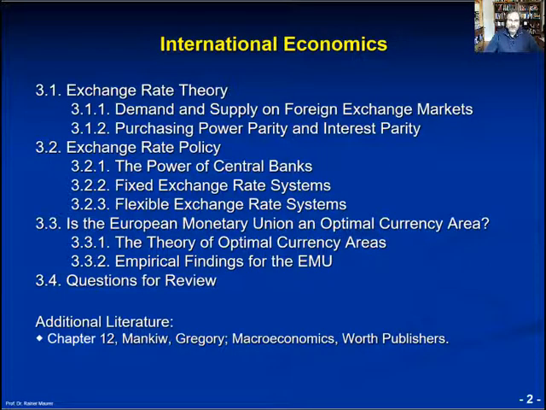We will also check the empirical performance of these theories. Then we discuss how central banks can influence the exchange rate of their currency and what consequences this can have. Finally, we will investigate some basic techniques private companies can use to hedge trade deals in foreign currencies against exchange rate risk.